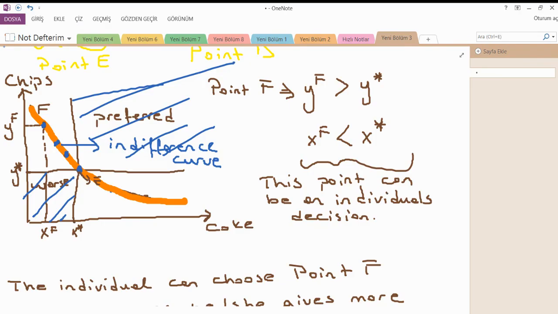But if coke is cheaper, you will see that he's going to choose a point, for example, here, where he's going to drink more coke than chips. You will see at which point the consumer is going to maximize his utility, according to the budget constraint. We will see it in the utility maximization or expenditure minimization part.